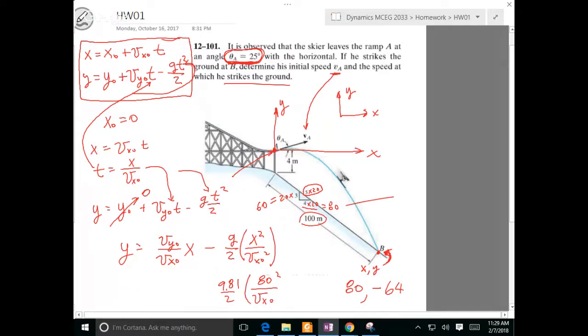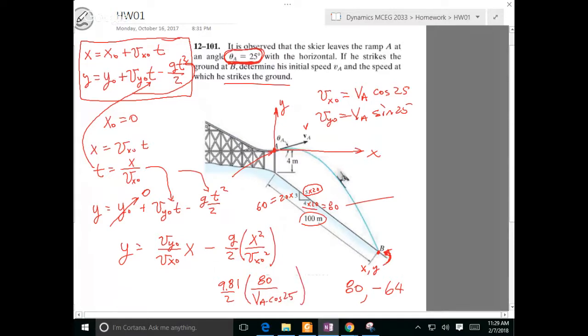But you might as well recognize that vx naught is equal to, I'll just call it, VA cosine of 25. Vy naught is equal to VA sine of 25. Then you can just stick them in here. VA, which one is that? Cosine 25. Now you got to square the whole thing.